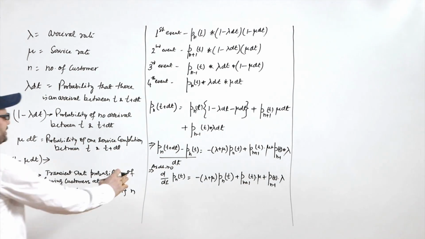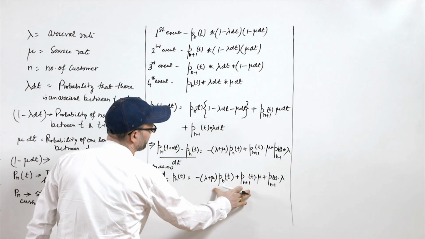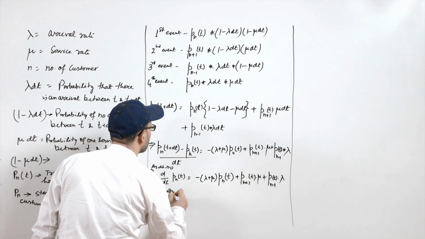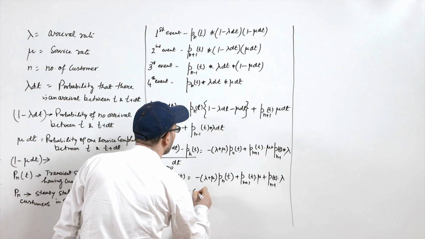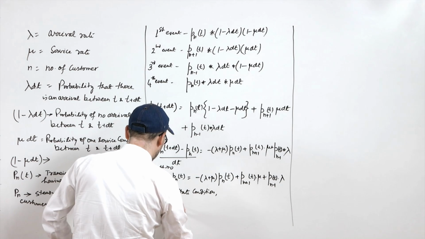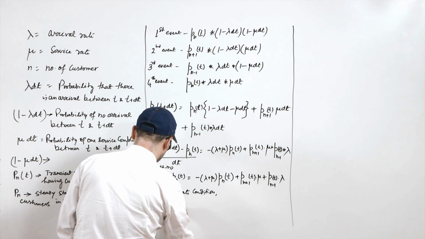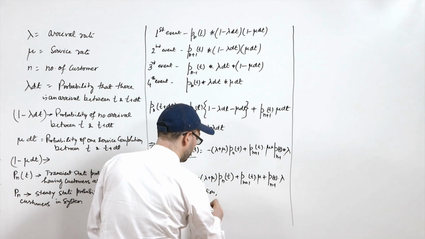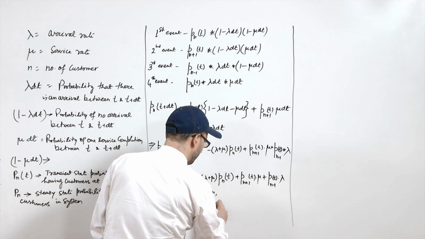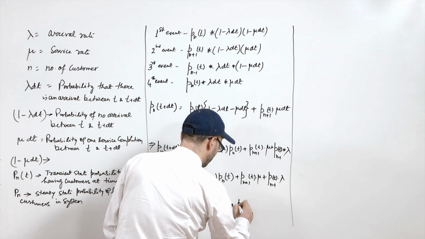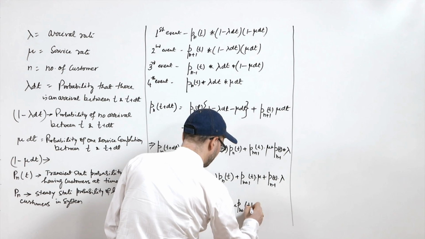So, in steady state condition, this condition will hold: you will have minus of (lambda plus mu) P n (t) plus lambda P n minus 1 (t) plus mu P n plus 1 (t) will be equal to 0.